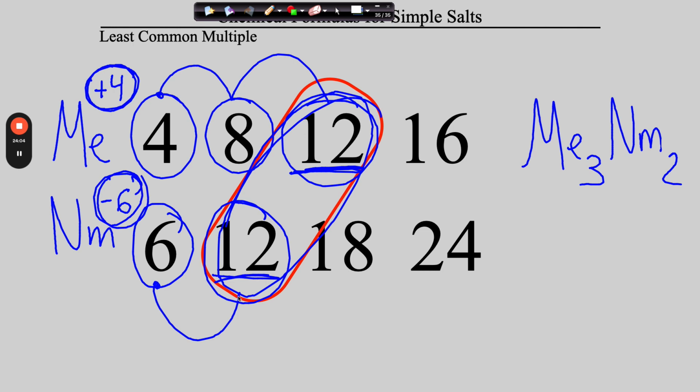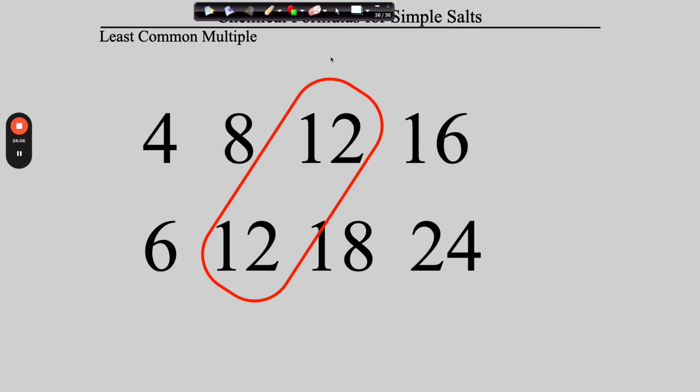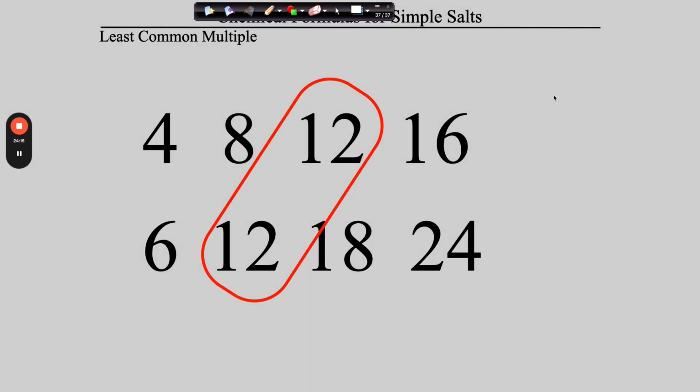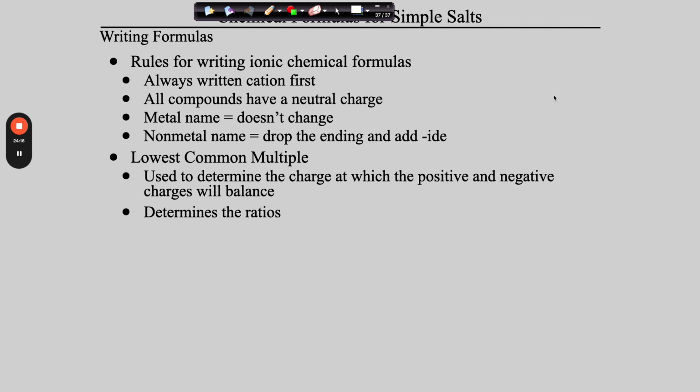Okay, so guys, bringing that back to the point, why is it that we care about least common multiples? And the answer is because we use these to figure out where the positives and negatives will balance, and that determines the ratio. If you want to write that down, I'll give you a second. If not, that's fine too.